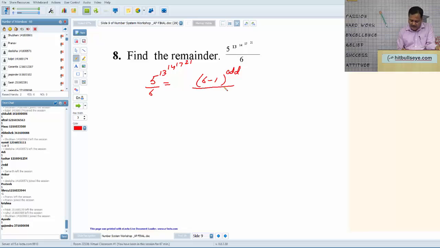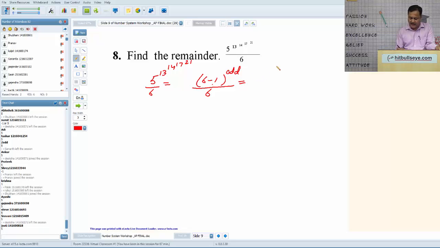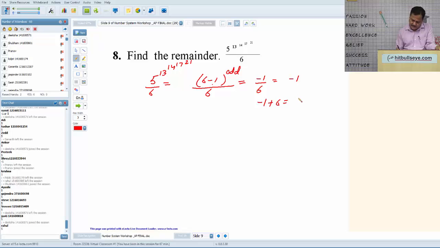Now 5 can be written as 6 minus 1 and the power is odd. 6 divided by 6, the remainder is 0, remaining is minus 1 raised to power odd, which is always minus 1. So the negative remainder is minus 1, or the positive remainder is minus 1 plus the divisor, which is 5. So our answer for this question is 5.